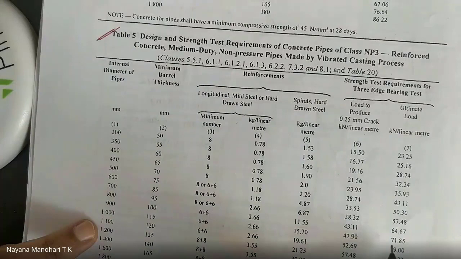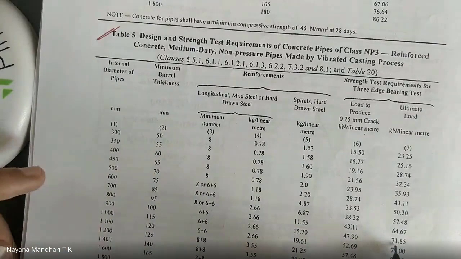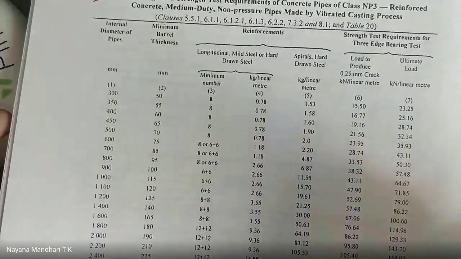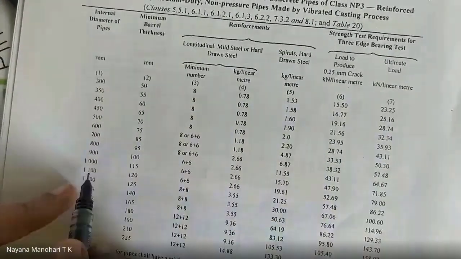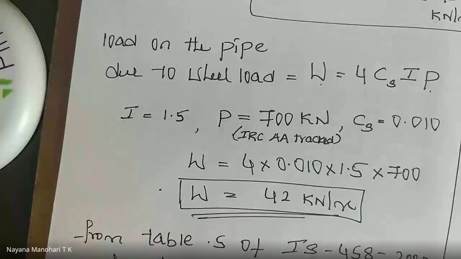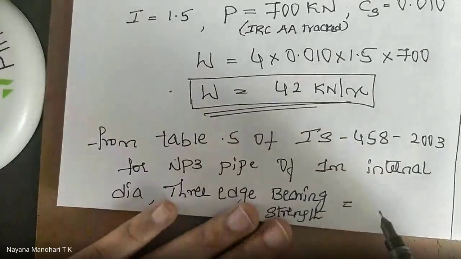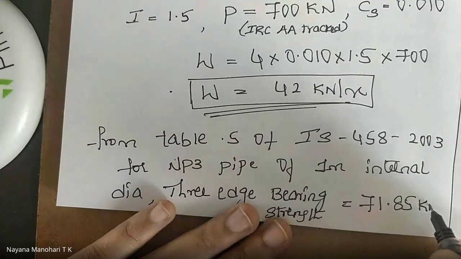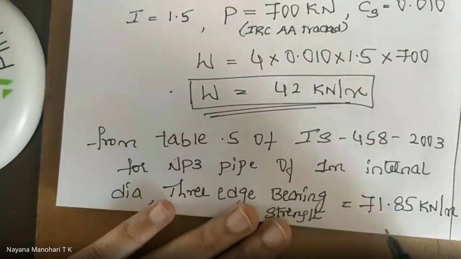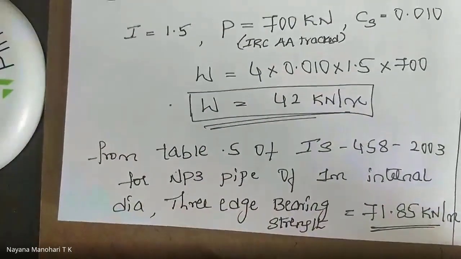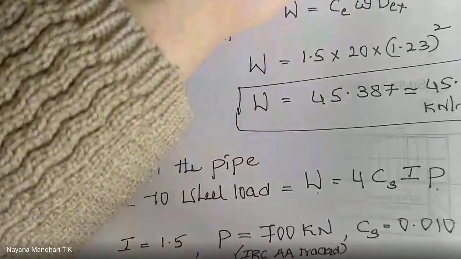For 1000 mm, it is 71.85. I've already shared this in your mail; you can go through the code book. Take down that data: 71.85 kilonewton per meter. Next step is the final thing.